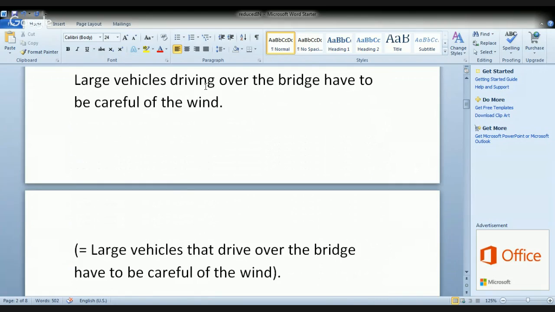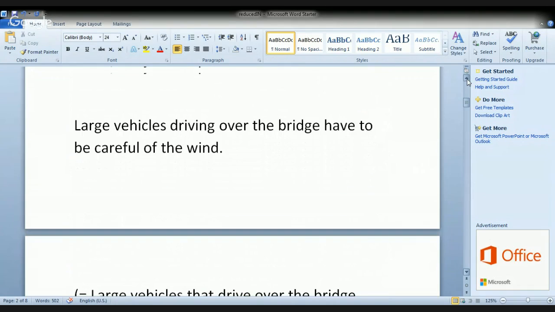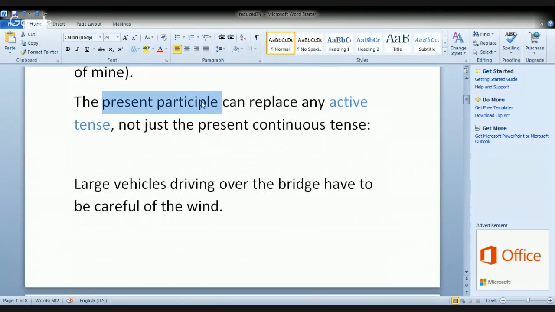Lots of different grammar words here, okay? So that's basically what they're saying when the present participle can replace any active tense, okay? So not just the present continuous, again, what we saw in the first example.